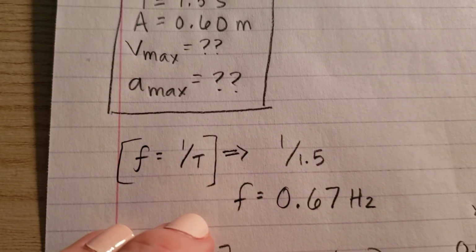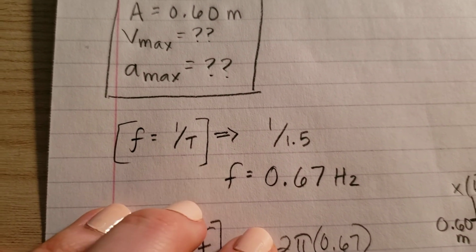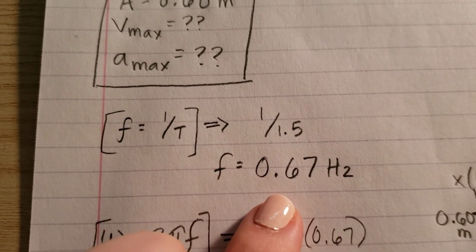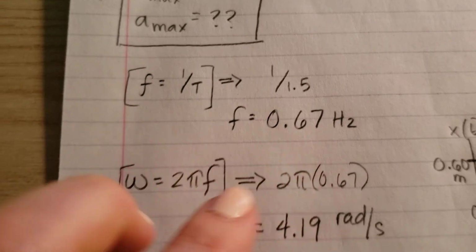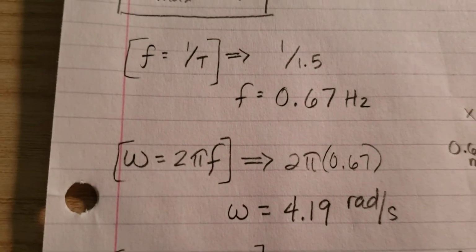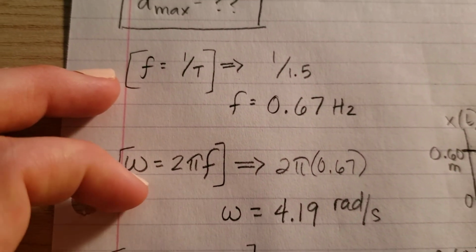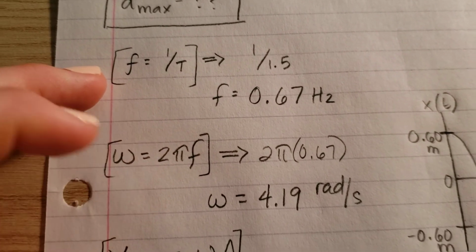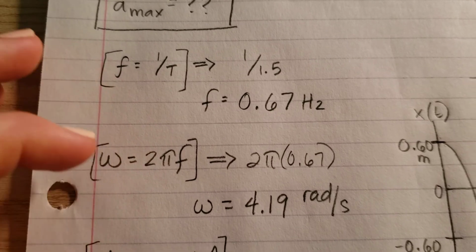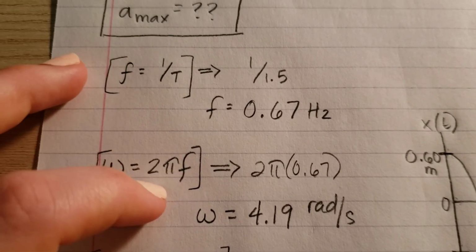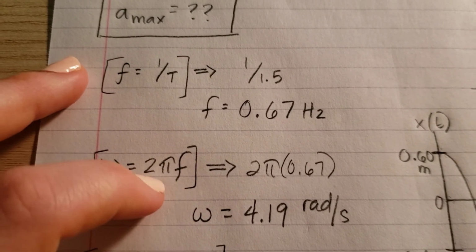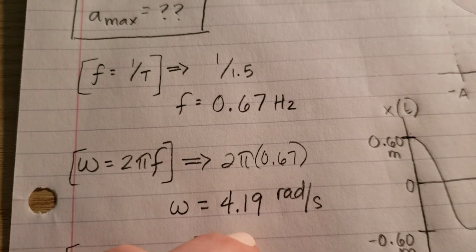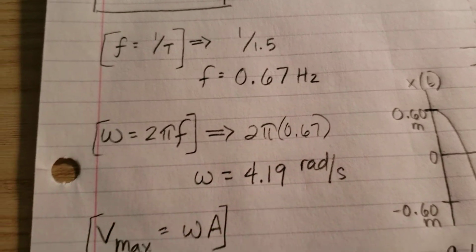We know frequency is equal to 1 over period, the inverse of the period, which is equal to 0.67 hertz. We want to calculate the angular frequency for our equations, so we can do that by multiplying the frequency by 2 pi, and for that we get an angular frequency of 4.19 radians per second.